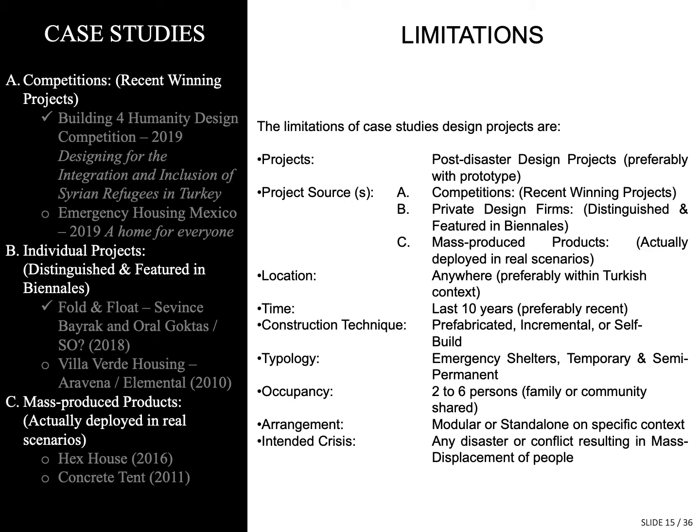They can be emergency shelters, temporary and semi-permanent, and could hold 2 to 6 people inside. The arrangement can be modular or standalone on a specific context. The intended crisis could be any crisis or conflict that results in mass displacement of people. Out of the 6 case studies mentioned here, only 2 are made part of this presentation due to time constraints.